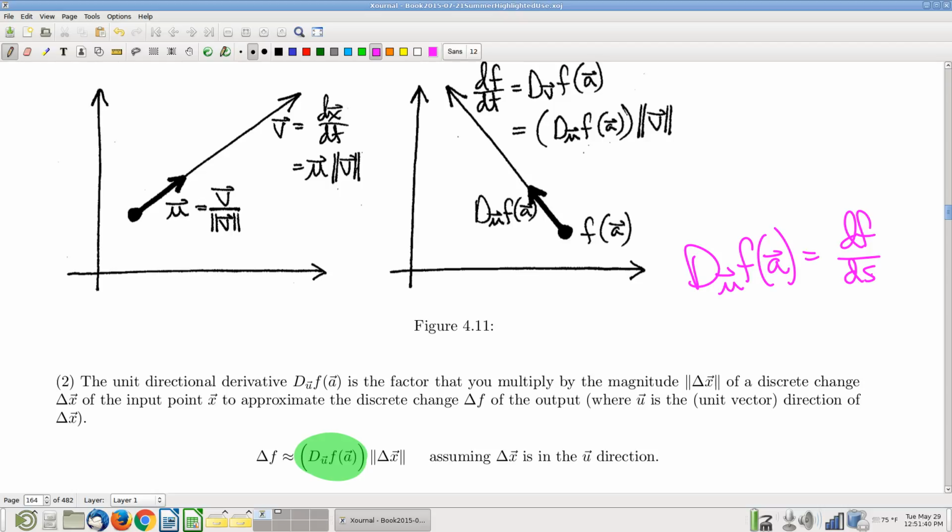Now, why would we care about that? Why is this interesting? Well, it's actually fairly common that we want to know how much a function changes per unit distance and not how much a function changes per unit time. Here's an example. Suppose you're driving along a road, right? Now I want to draw the distinction between the road and the road trip.